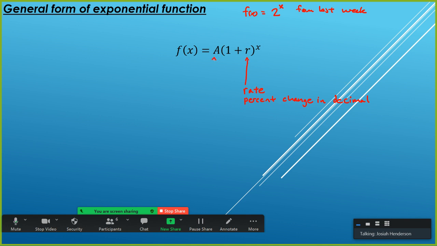A, the capital A, stands for the initial amount. A for amount. It's the beginning amount, the initial amount. The f of x, the y, the output of the whole function, this is the final or ending amount.